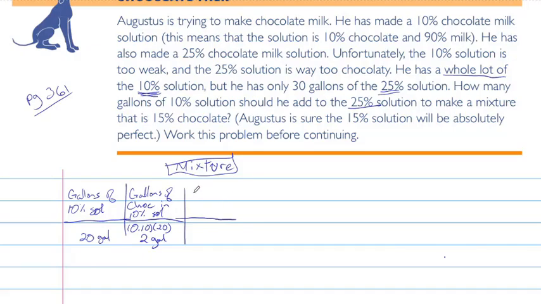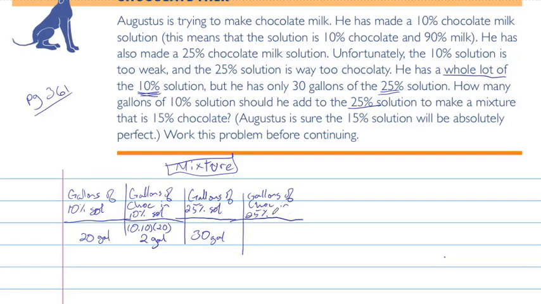Now, we can also figure out, and this is going to be constant, how many gallons of the 25% solution we have. So I'll just write gallons of 25% solution, and that's 30. We always have 30 gallons. And so we always have the same amount of chocolate in the 25% solution.